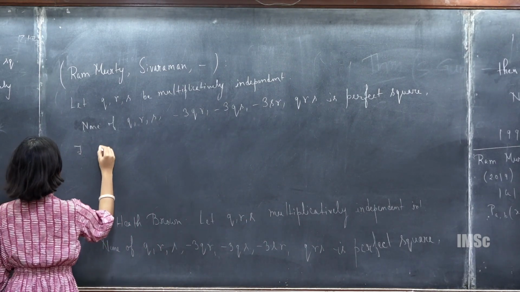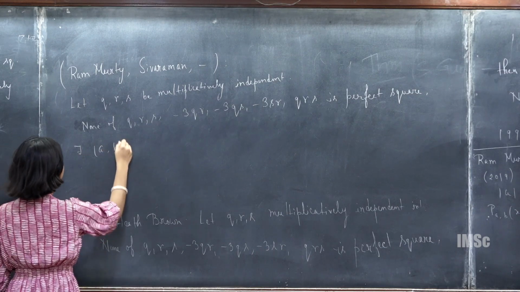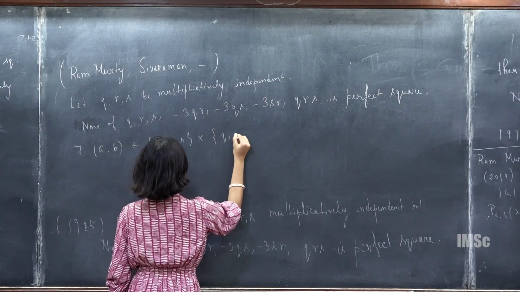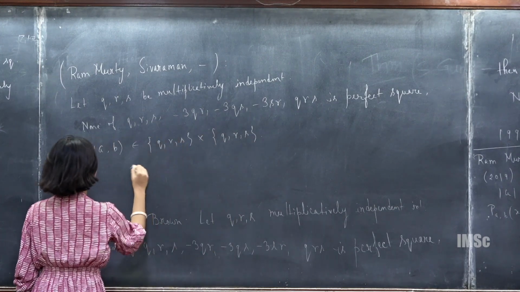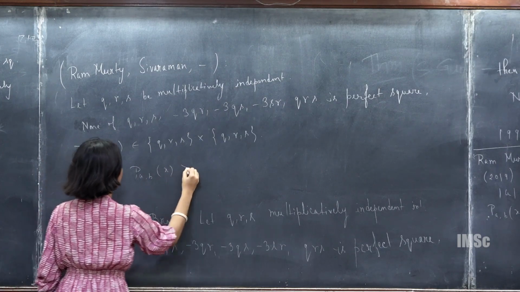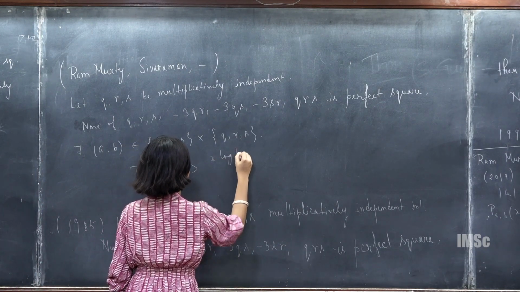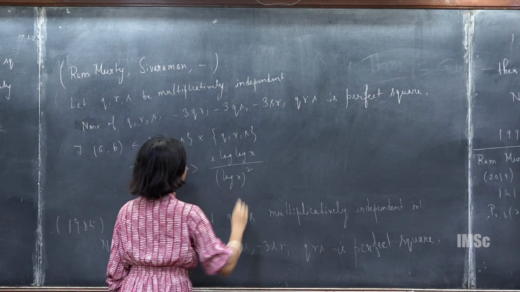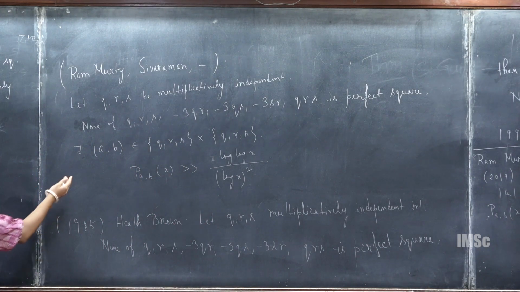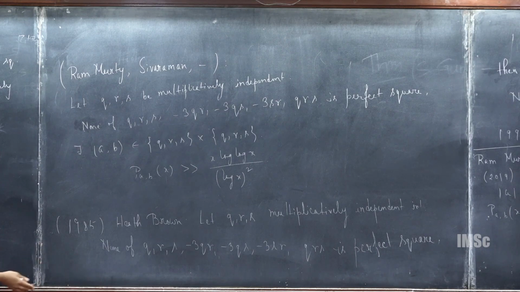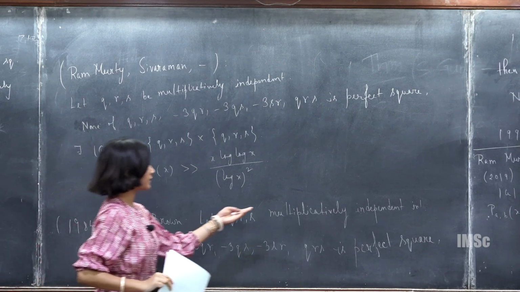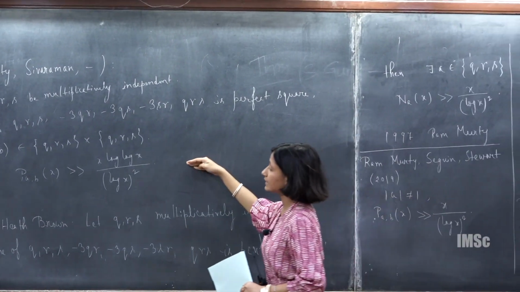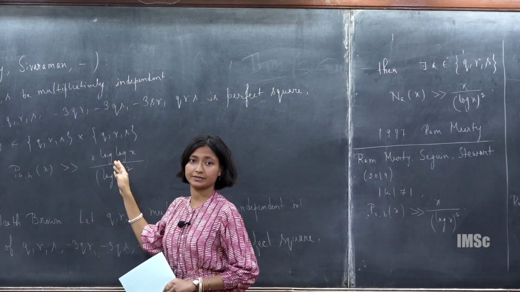Then there exists a pair A, B from {Q, R, S} cross {Q, R, S} such that P_{A,B}(x) has lower bound x log x by log squared x. Our method was inspired by the techniques of Heath-Brown, but we can see that in the classical setup we are getting the lower bound x by log squared x. Since we are in the two variable setup, we are gaining by this log x factor.